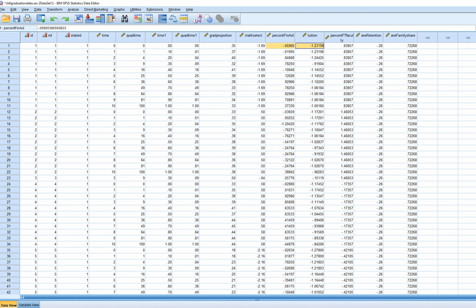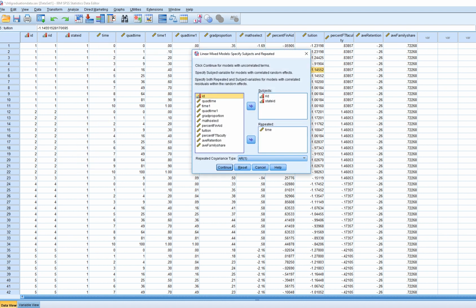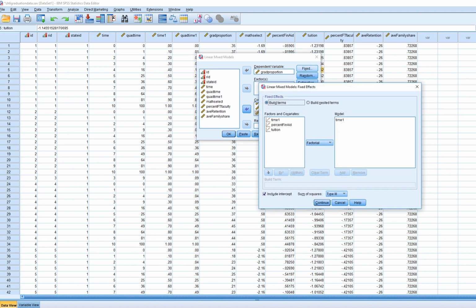These are time varying in that they're not constant across the years, but rather from year to year there are differences on these two variables. And so what they ended up doing was they reran the analysis and incorporated percentage of financial aid and tuition as predictor variables. They basically clicked on fixed and moved these variables over.